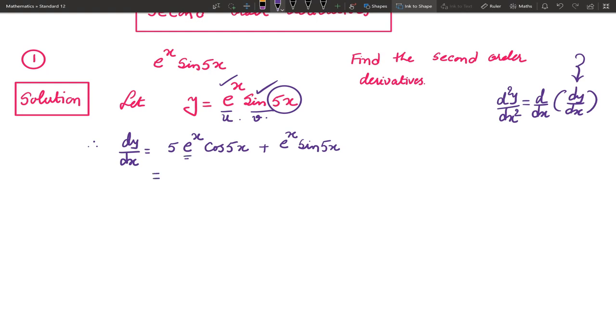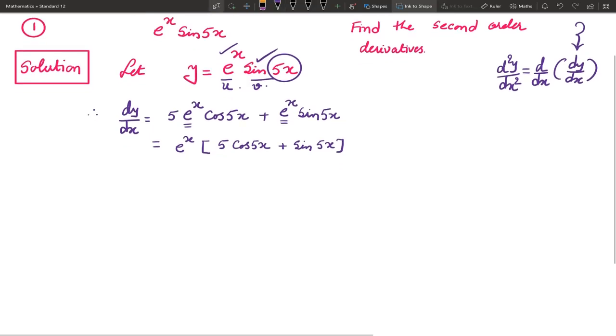We take e raised to x common, so e raised to x into bracket 5 cos 5x plus sine 5x.